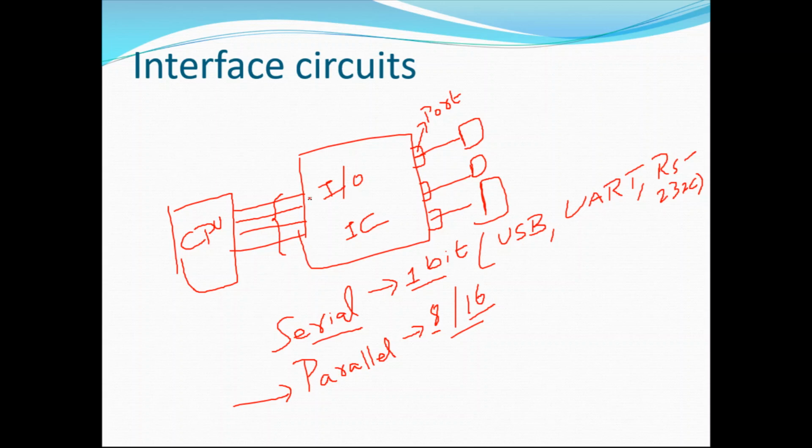But how is the CPU going to communicate with the serial device? Because a serial device needs only one bit at a time, for that we'll be using something called a shift register. The shift register will help us convert the parallel data to serial before writing into an IO device.